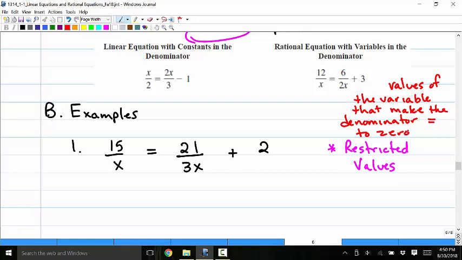Those are bad. You cannot have that. So we have to talk about restricted values before we even try to solve the equation.